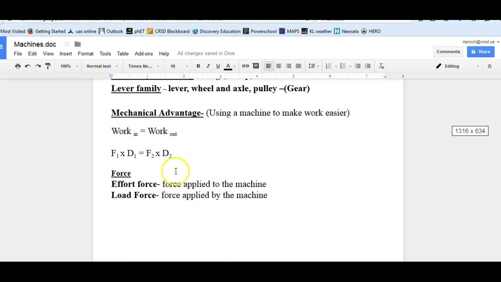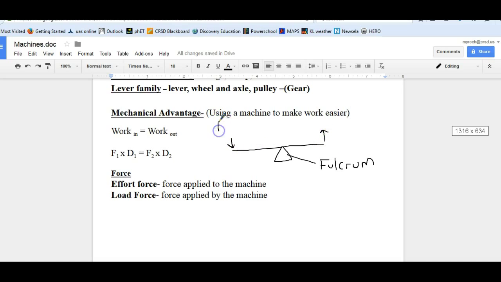And this is the equation. Really this says force 1, distance 1 equals force 2, distance 2. So if we have a lever and we have something called a fulcrum, this can be anything, but you just place it a certain distance along the lever. So this is a fulcrum. Then you apply a force to it, and you're going to get force out.